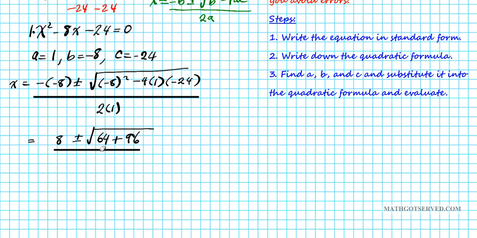So this is going to become, we can now separate the division, okay? So we have 8 over 2 plus or minus the square root of 96 plus 64, which is 160, over 2. Okay, now let's reduce 160. So we have the square root of 160.